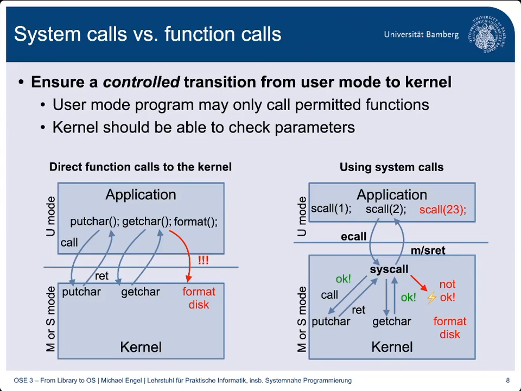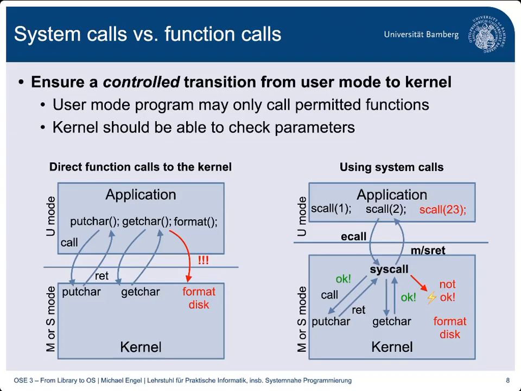So each system call, compared to a function call, has a so-called system call number. On the right-hand side, we might have a system call 1 to output a character to the screen, a system call 2 to get a character from the screen, and a system call 23 to format our hard disk. Whenever we enter our kernel using a special machine instruction, ecall, we end up at the same location.